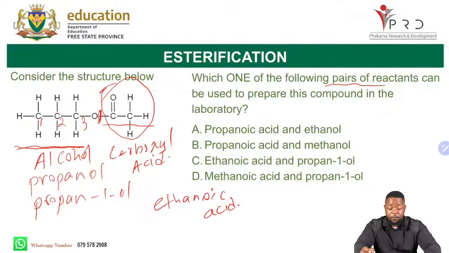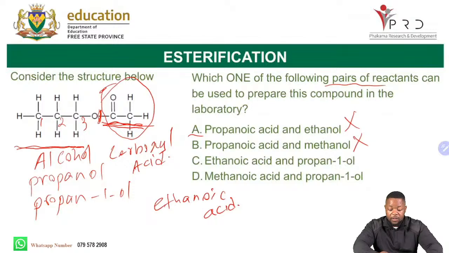The first option says propanoic acid and ethanol were used. It cannot be correct because the right-hand side indicates the part that comes from the acid, and it has only 2 carbons. So this must be eliminated. Propanoic acid again, eliminated.